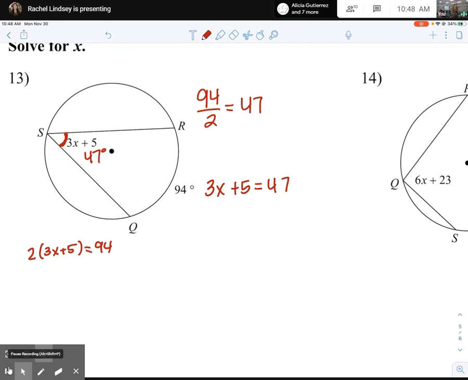Okay, so 3x plus 5 equals 47. Subtract that 5. So I have 3x equals 42.